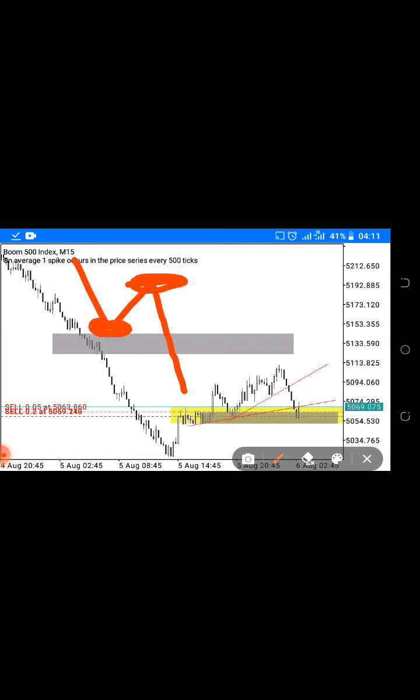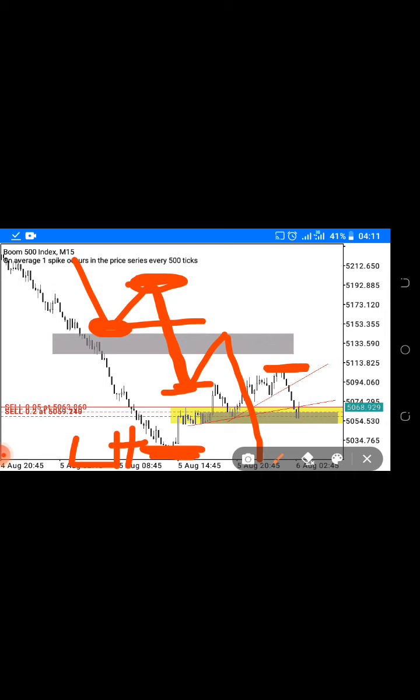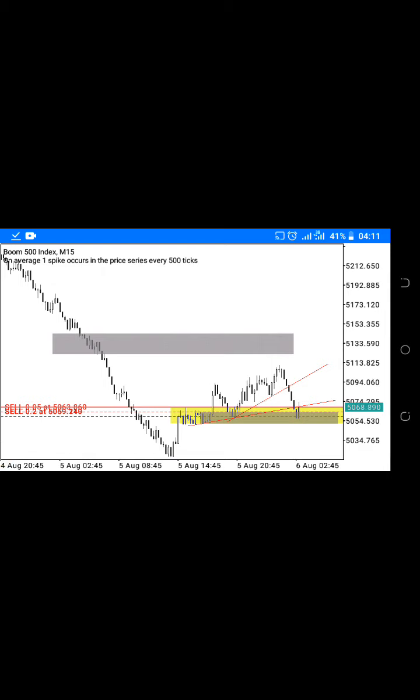So it will break it, give us a retracement, then go down again and break this zone. This could be likened to our lower high, and this could be likened to our lower low. Sorry for that. This is our lower low and this is our lower high.